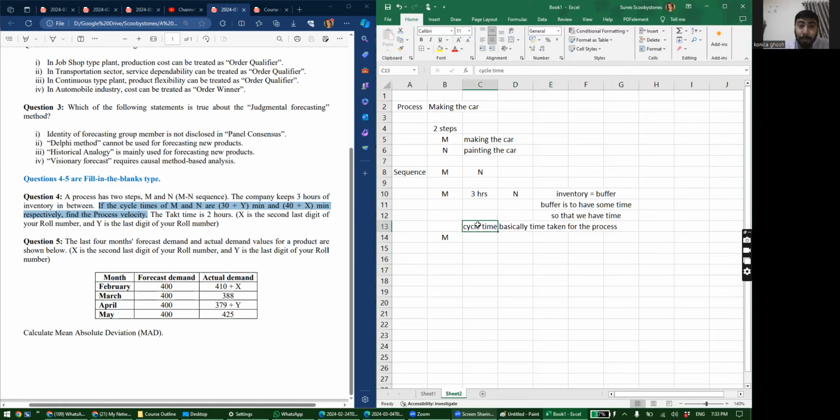If you see MIN, don't confuse it for minimum. In these kinds of sums, if you see the word MIN, mostly it will be minutes. Similarly, for the N process they are saying 40 plus X, and M they are saying 30 plus Y.